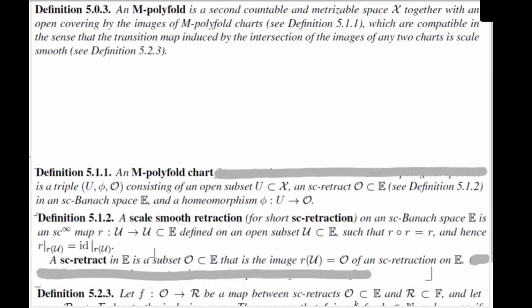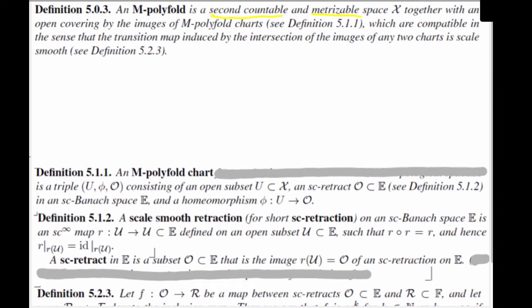So, good old story. Well, what is a Banach manifold? It's a second countable Hausdorff space with charts and transition maps. Turns out that once you have the transition maps, the Hausdorffness actually becomes metrizability. So we might as well write that down from the beginning. It's not an extra condition.